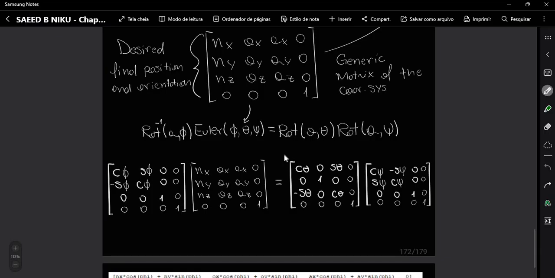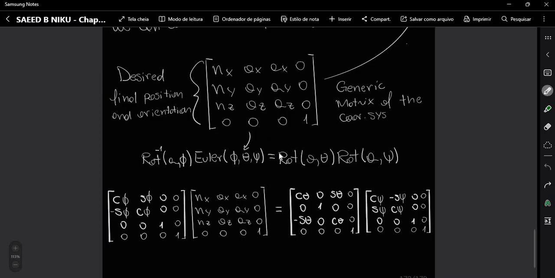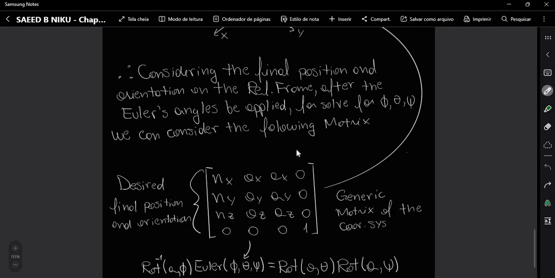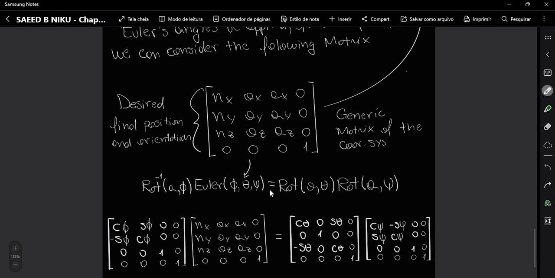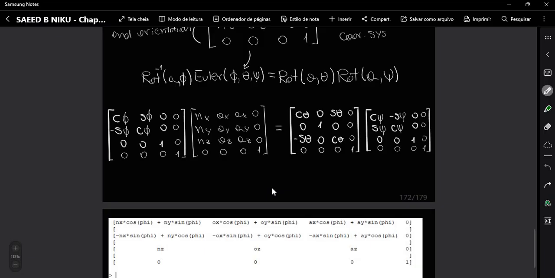And in order to solve for each angle, we assumed that our desired final position and orientation is this generic matrix of the coordinate system, which is based on this reference frame and also this moving frame. So we got these coordinates, and assuming that this matrix is our desired final position and orientation, we were able to construct equations.